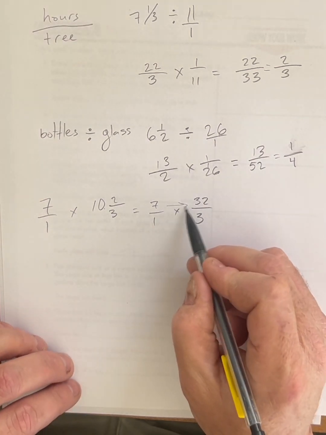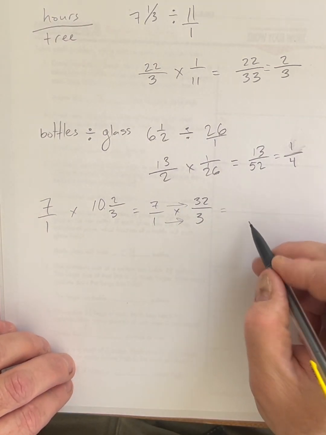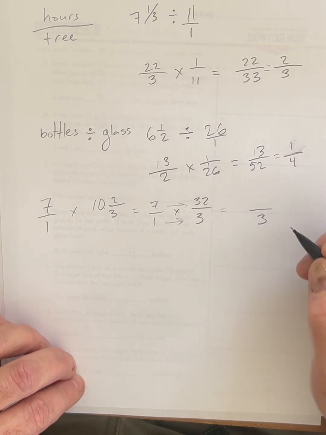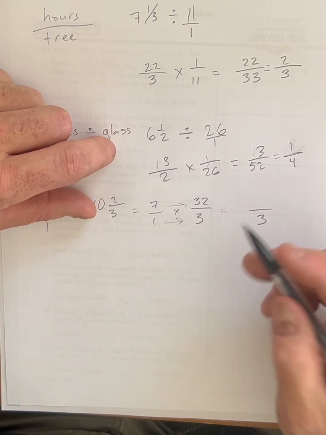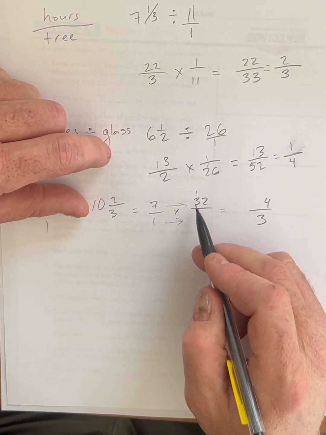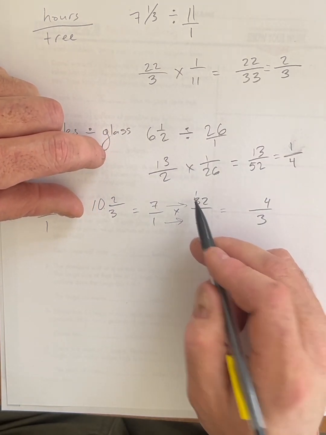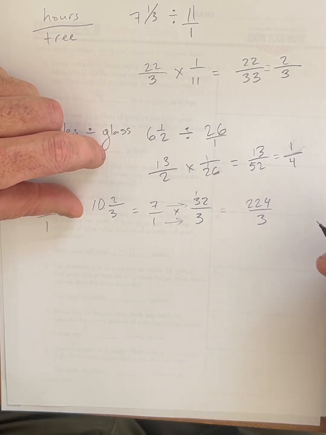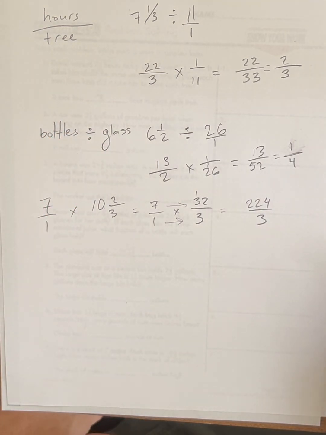Okay, now I'm going to multiply across. That's going to equal 7 times 30. 7 times 2 is 14, carry the 1. 7 times 3 is 21, 22. So 224 over 3.